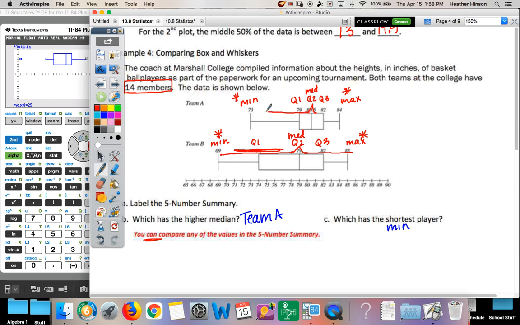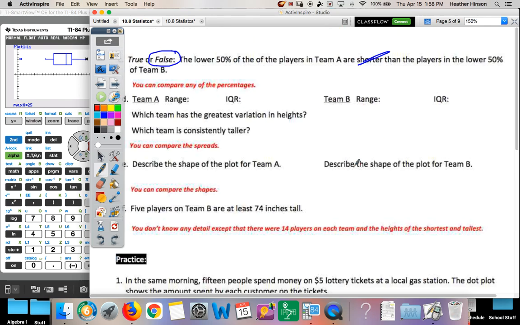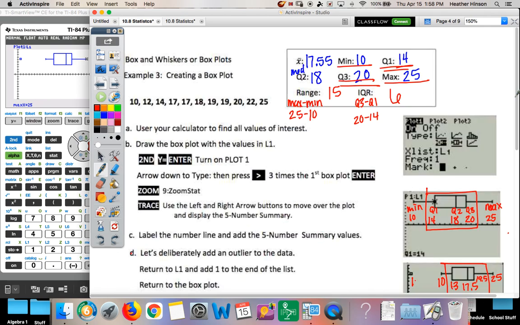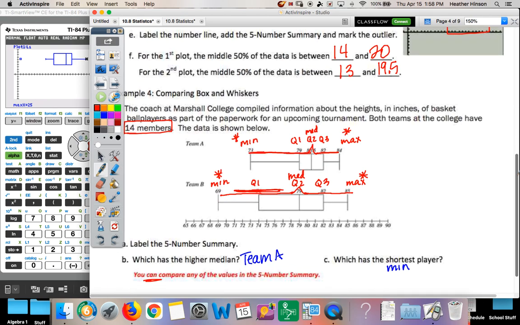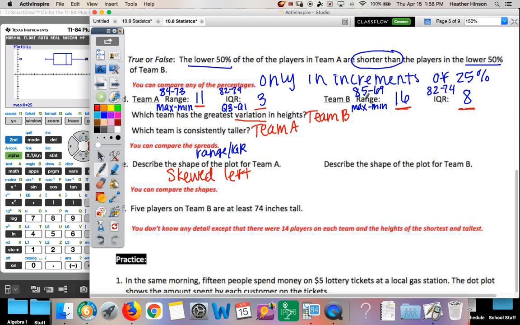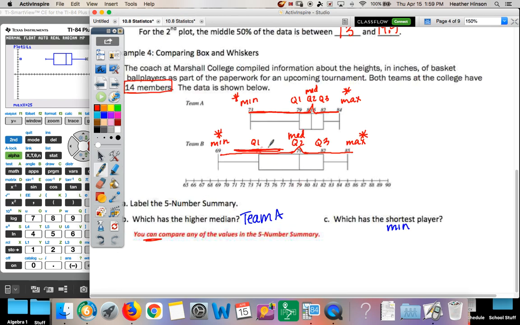Like this one, the tail was super long, and this one was really short. This one's a little bit longer, but it's not a major difference. So that one was more symmetrical. It's a little bit harder to tell, but it is definitely more symmetrical than A. They're both kind of left, but you can see that A is very, very left. So B is more symmetrical.